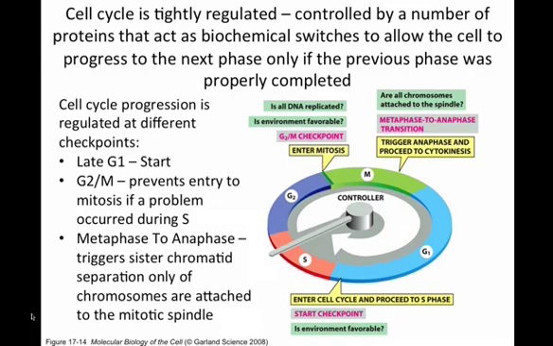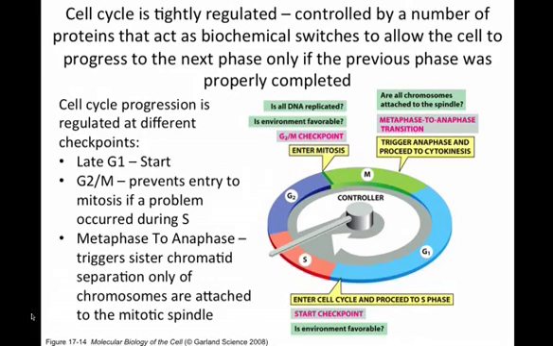Because should you go from metaphase to anaphase if your chromosomes are not attached to your mitotic spindle? Probably not, because metaphase, remember, is when all your chromosomes are lined up, and anaphase is when they separate. And if you're not attached to the mitotic spindle, then the chromosomes will not be distributed equally to daughter cells.